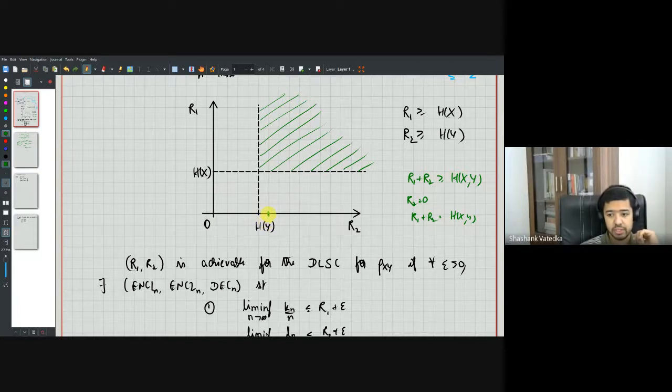So similarly, if I set R1 to be equal to 0, then R1 will be greater than h of x, right? So it will be somewhere over here. So really R1 plus R2 equal to h of x comma y will be the line joining these 2 points.